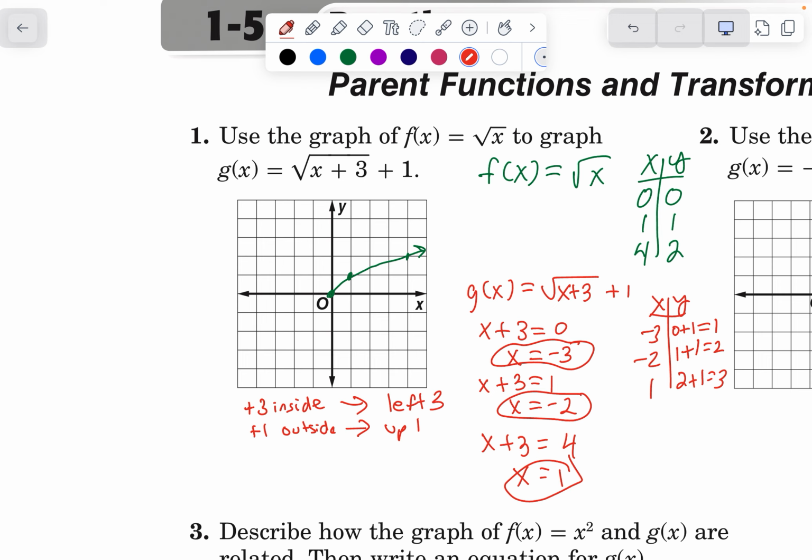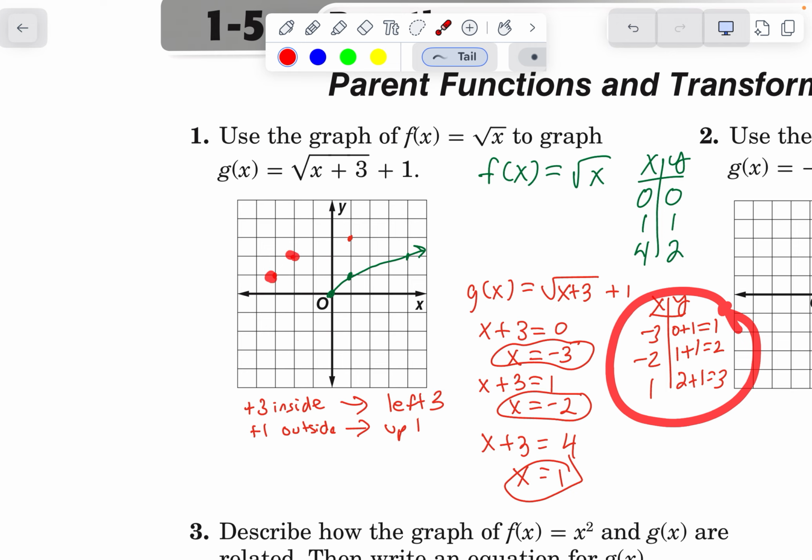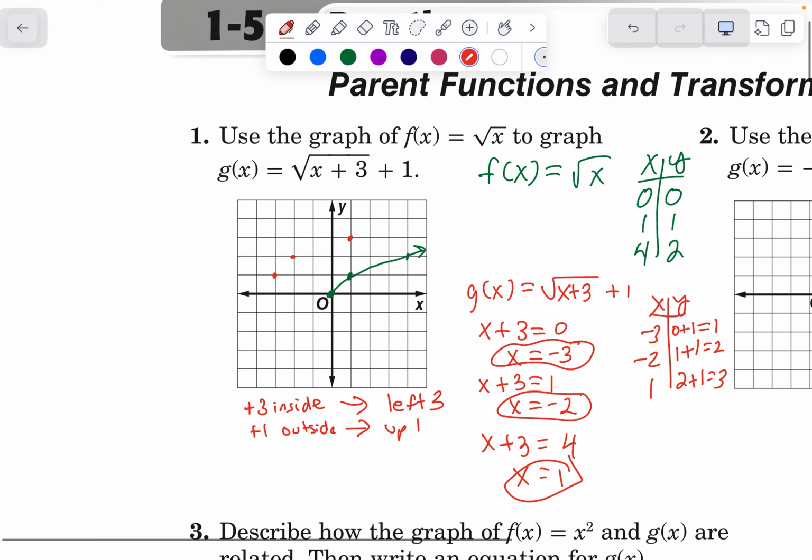So if you move all the points left 3 and up 1, those are the points. But if you look at this, it's the same thing: -3, 1; -2, 2; 1, 3. So you are allowed for any of these functions to plug in points. Knowing what to anticipate is happening is a good idea, okay? So knowing it's going to go left 3 and up 1 is a good idea.